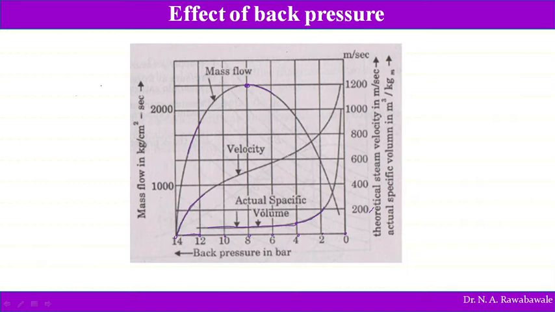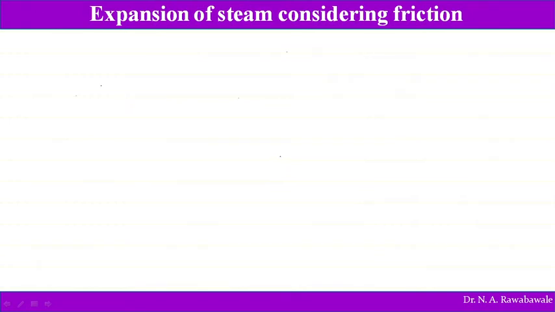That back pressure is nothing but pressure maintained in the condenser or at the end of turbine. Now we'll see expansion of steam considering friction. Now when steam is passed through the nozzle, say this is the nozzle, this steam comes in contact with this wall of the steam nozzle, and there will be friction between the surface of the nozzle and steam.